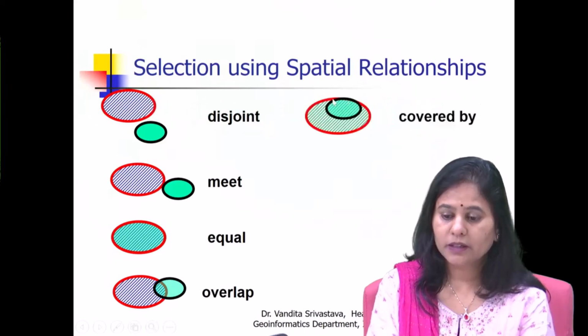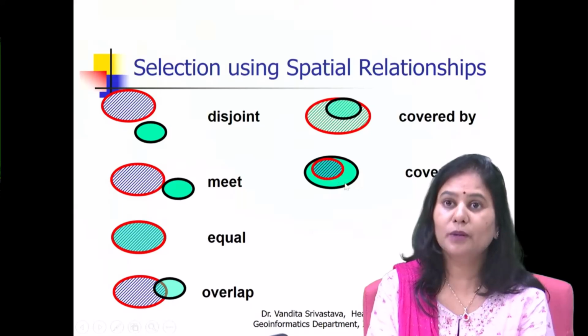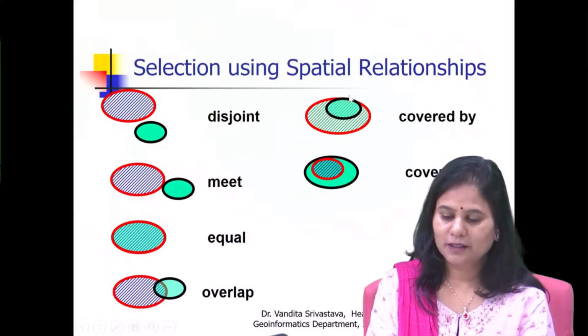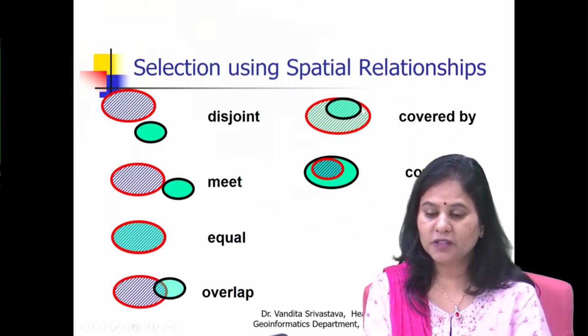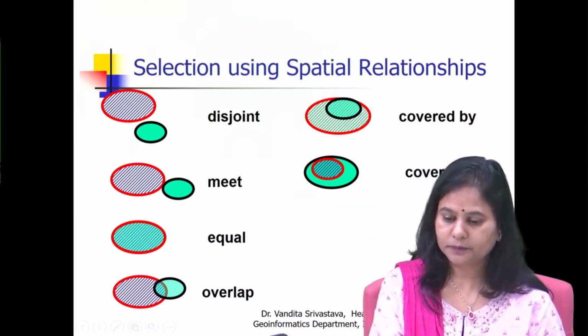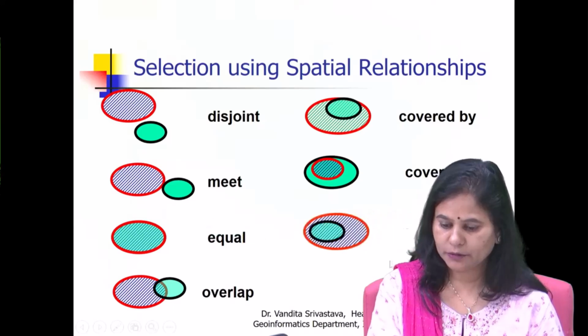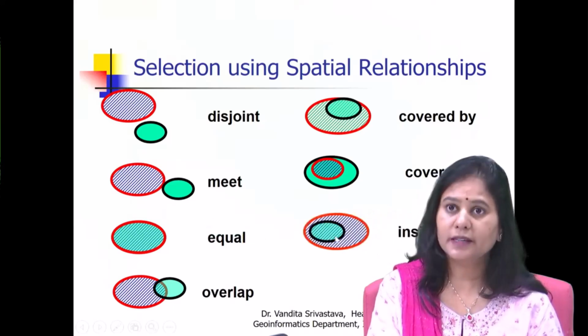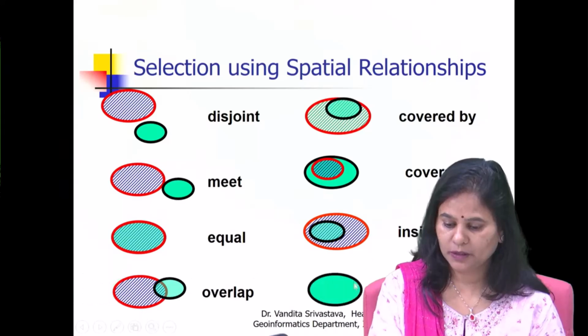When the condition is like that, B is covered by A, so here B covers A, or A is covered by B. These are similar, the relationship is the same, but it is reversed depending on whether you speak from the perspective of A or B. And then you have B is inside A, or A covers B. So here A covers B, or B is inside A. Here B contains A, or A is inside B.